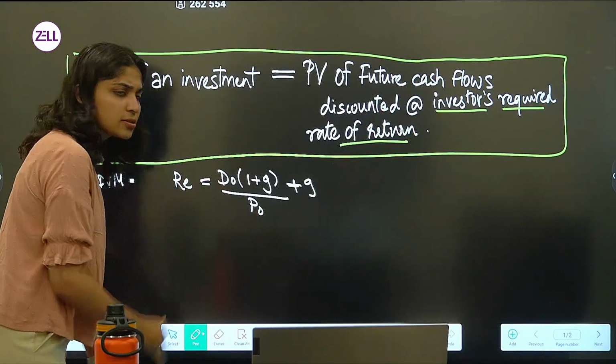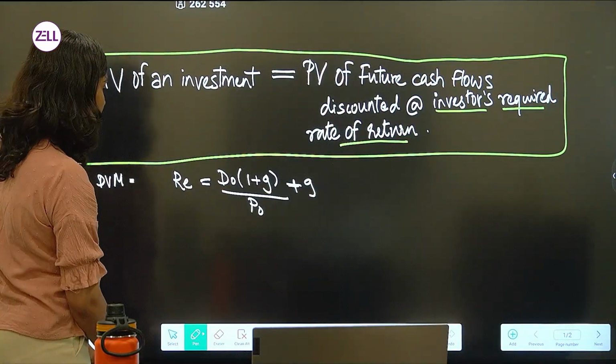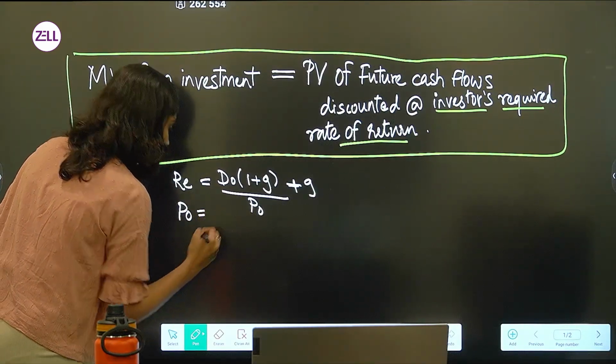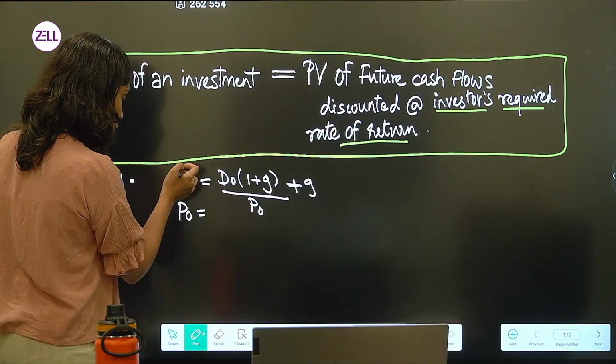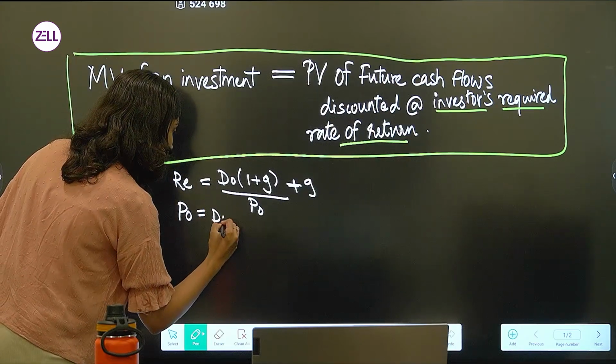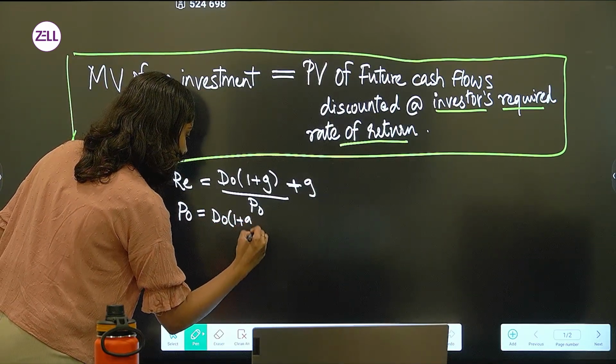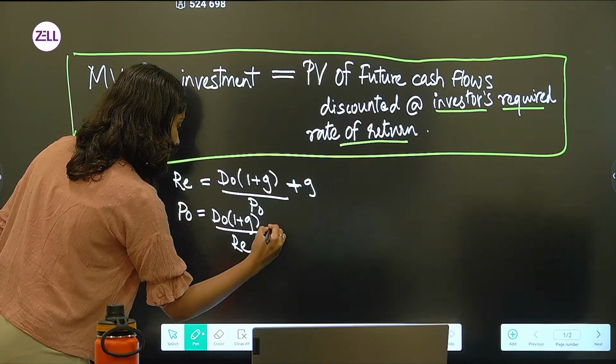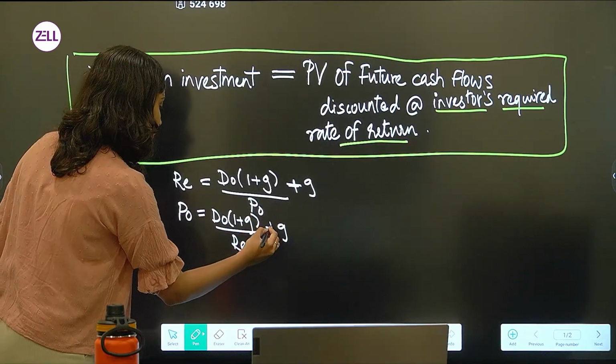Can I interchange this formula? Of course I can. So P0 will come here and RE will go down.